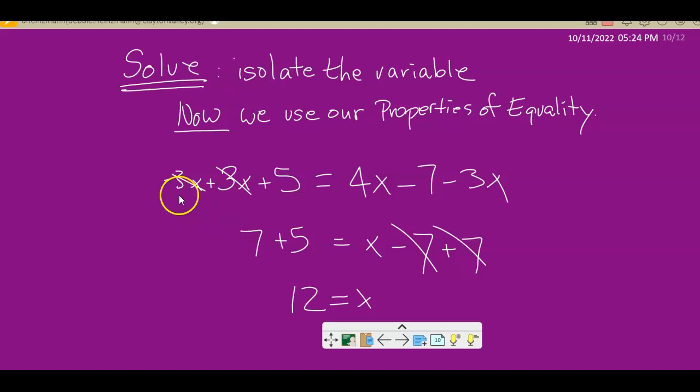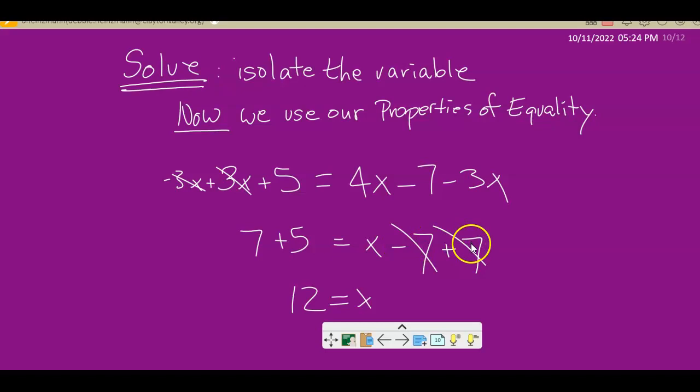My little bit of algebra up here was using my subtraction property of equality to subtract and thereby cancel the 3x's on this side and having them show up as negative 3x on this side. Then I paused. I combined like terms. I subtracted 3x from 4x and got a single x. Okay? Then I did a little more algebra.